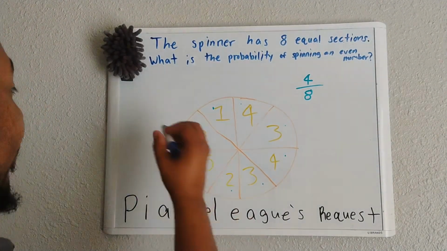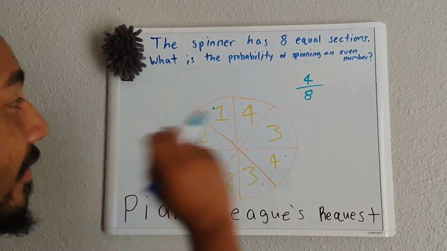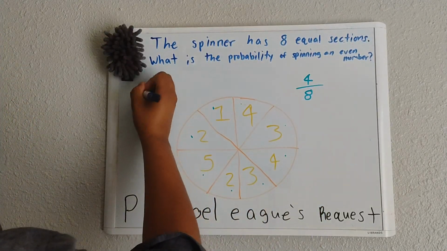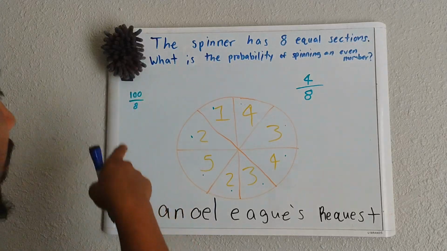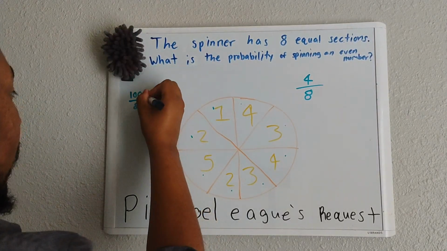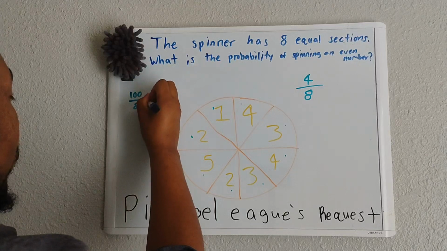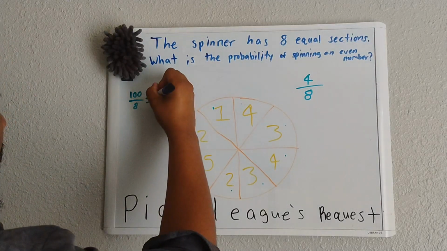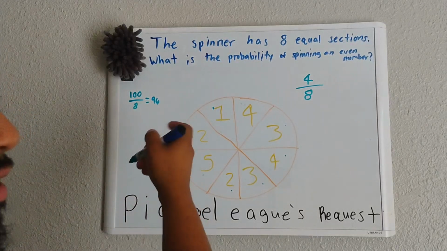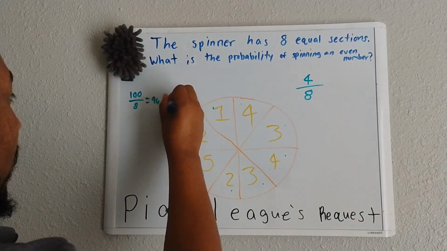So out of 8, first to find an eighth, we do 100 divided by 8 because that's the number we're trying to go to. So how many 8s go into 100? Well, if you know your times tables, it's 12, which equals 96, and then 100 minus 96 is 4.